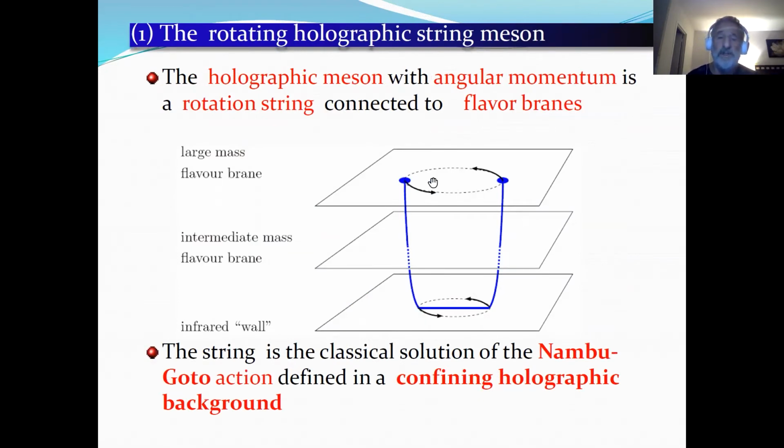So we start from some one flavor brane, and there is an endpoint of this stringy configuration, and it can end on the same one or a different one. And to get some non-trivial angular momentum, we look for a solution of a rotating string, rotating in real space.